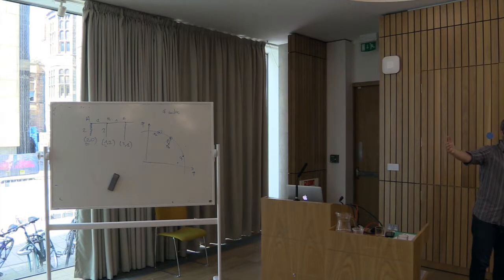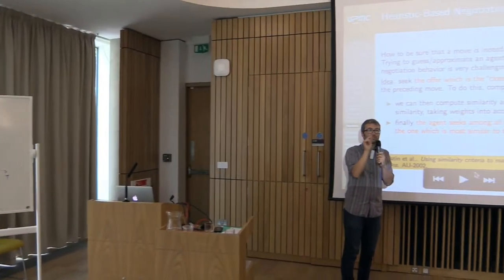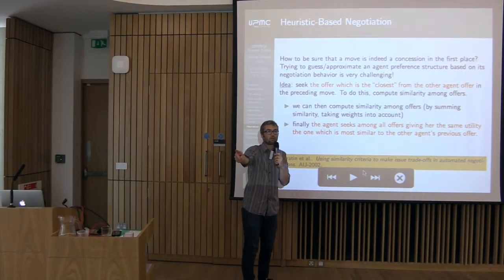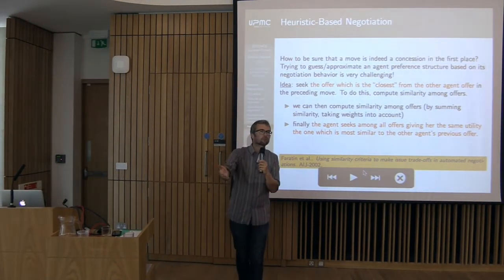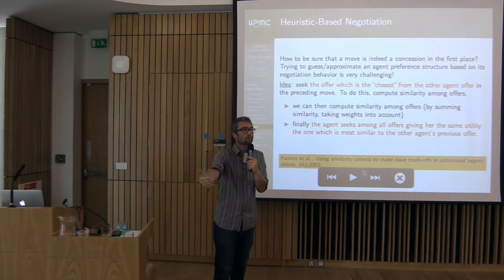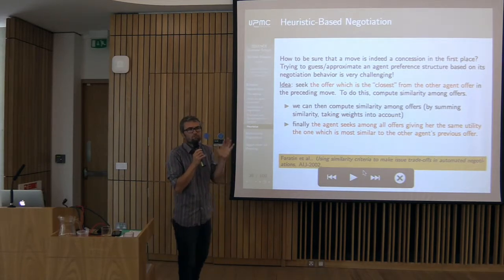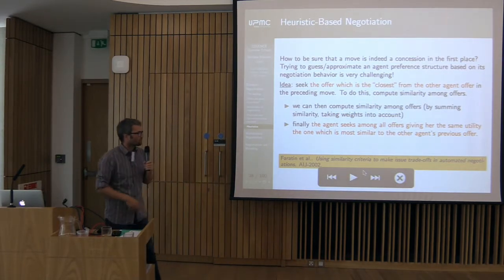You can have something with colors, something with a city that you want to visit. Computing similarity in that case amounts to computing how far it is from the offer that the other one just made. For instance, if he proposed somewhere in Europe, maybe the proposition that I would like to make is also somewhere in Europe, because I infer that it's close for some notion of similarity, semantic space, and so on.